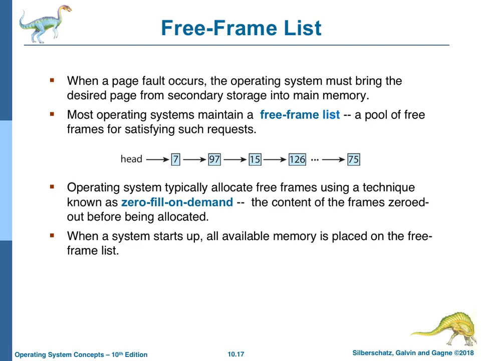So we just add them as they are available, as they are getting free in the main memory. Okay. So this is the free frame list, which is actually used to allocate the resources in demand paging also.